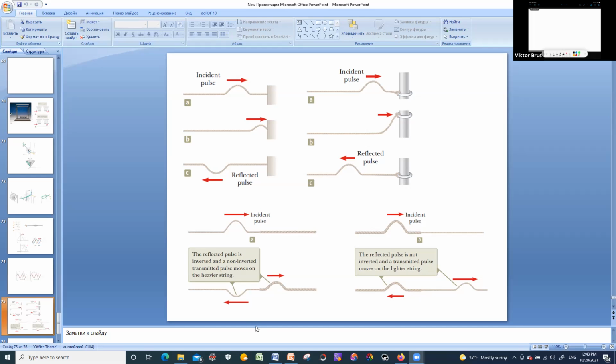Because if the pulse is moving through the first medium with a higher speed of propagation, then the reflected wave or reflected pulse will be in opposite phase.